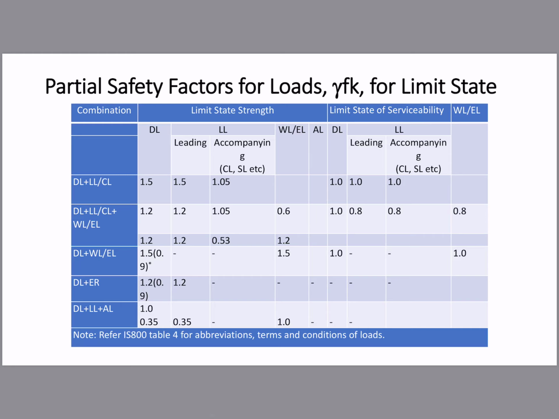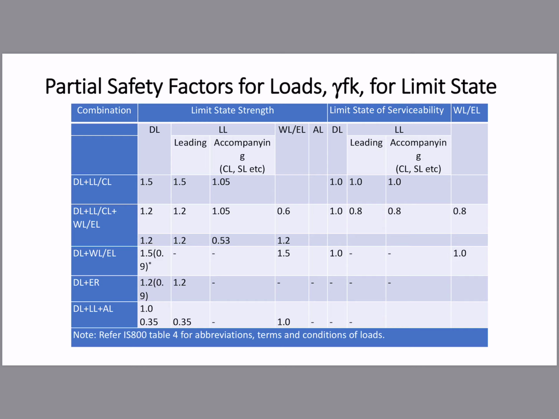Partial safety factor for loads. So what are these partial safety factors? Generally, when you estimate the loads on the structural members, we also multiply by some factor of safety in order to avoid unexpected loads and make the design safe.